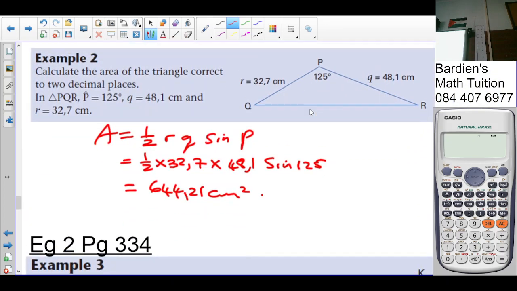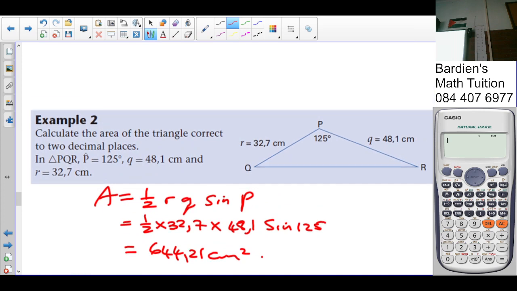But just take one step back again. If you look at this triangle here, you could have written it as the area is equal to half PQ times PR sine of angle P. It's the same thing. Can you see that, people?